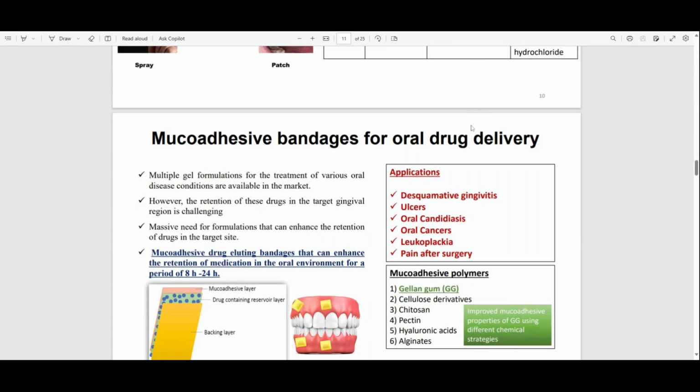As mentioned earlier, there are multiple gel formulations for the treatment of various oral disease conditions available in the market.